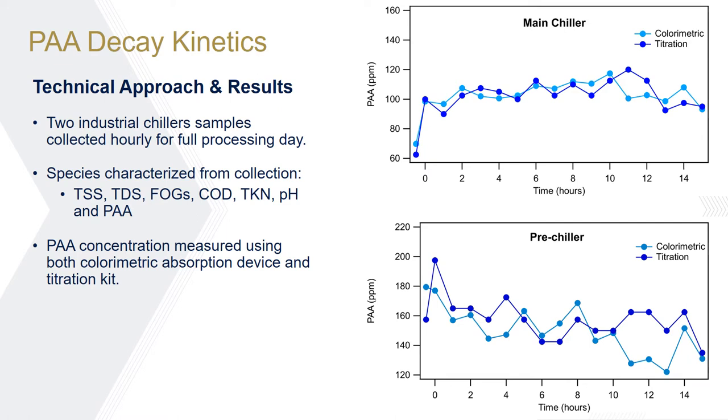Depending on how the measurement is set up, one drop can represent up to 15 parts per million of PAA. This can cause large differences between the titration and colorimetric method. For reference, in the main chiller, one drop in the titration measurement was only 5 parts per million PAA, allowing for tighter measurements between the two kits.